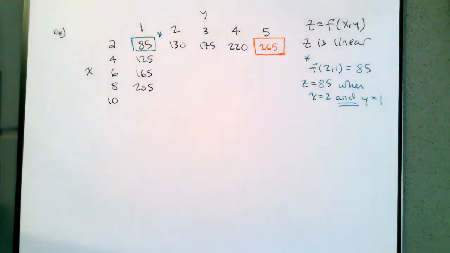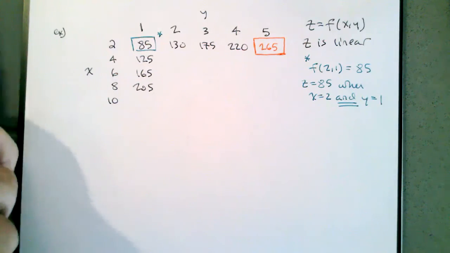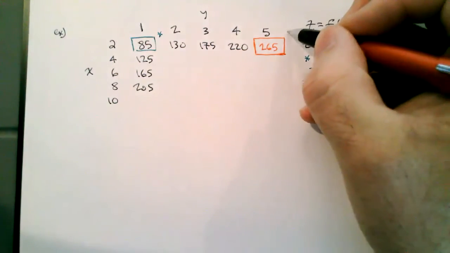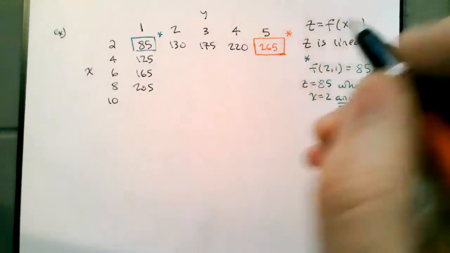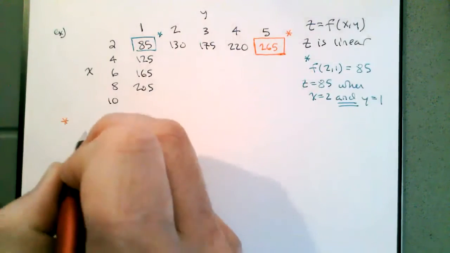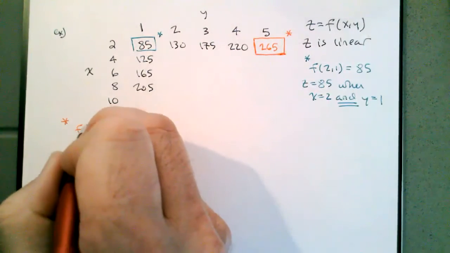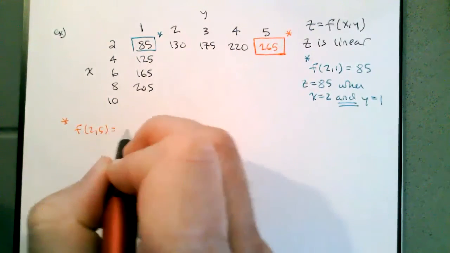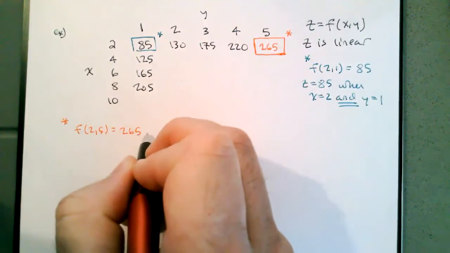So 265, and I also see in the chat how we come up with this value. We go from 85 to 130 to 175 to 220 to 265. So we can see that z is increasing by 45 whenever y increases by 1. So to figure out this value, this value means that f of (2, 5) is equal to 265.